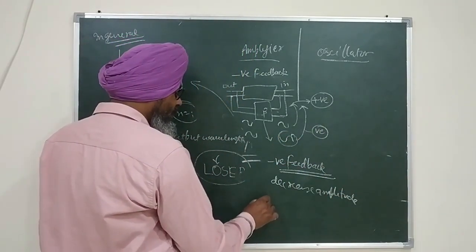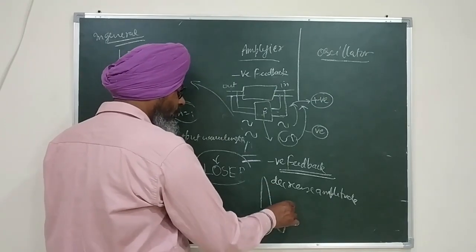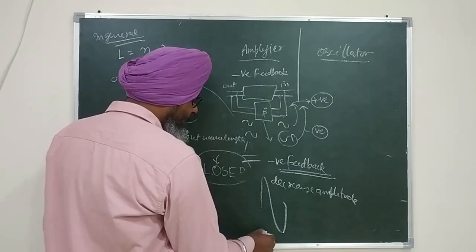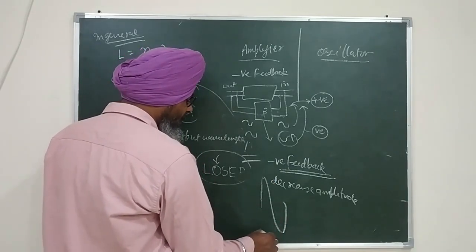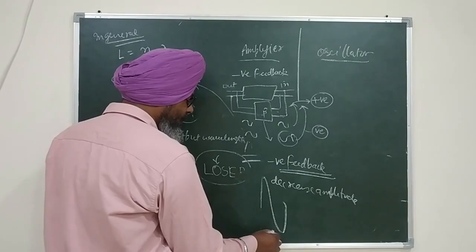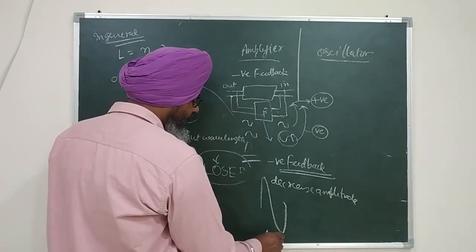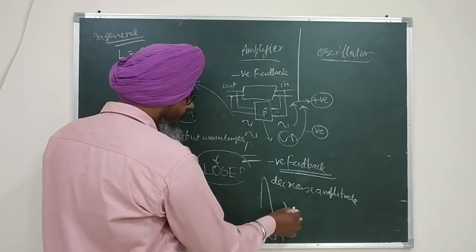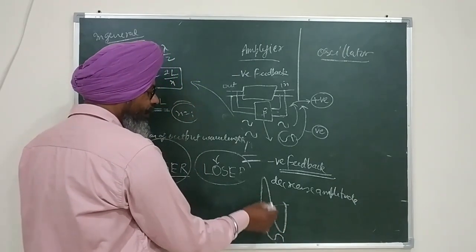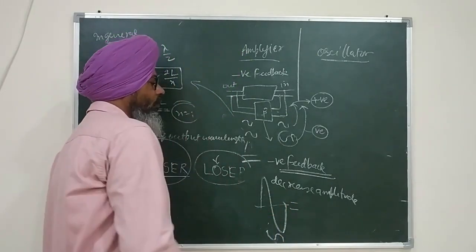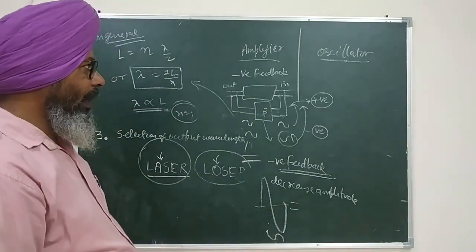Let us say this is the amplitude, and this was the crest. In front of the crest we will place a trough, and in place of a trough we place a crest, and since these are 180 degrees out of phase, their resultant will be a wave of smaller amplitude. So the amplitude will decrease due to negative feedback.